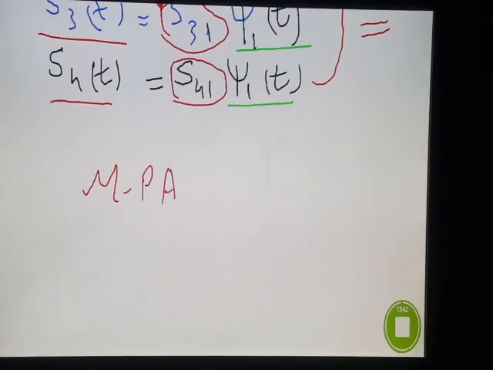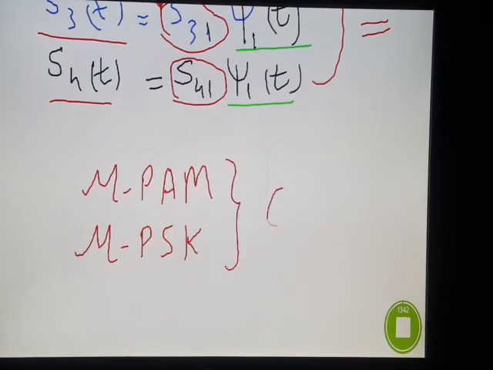It is a combination of M-ary PAM and M-ary PSK, and this combination is called quadrature amplitude modulation, which you will see in our next lecture.